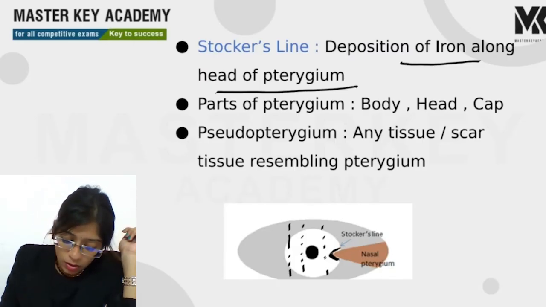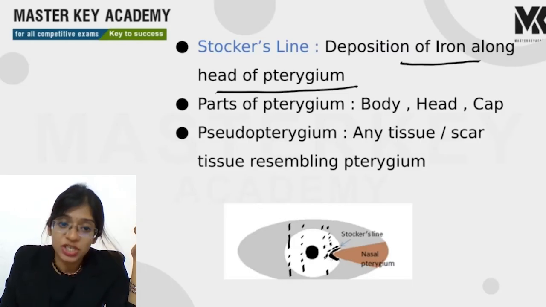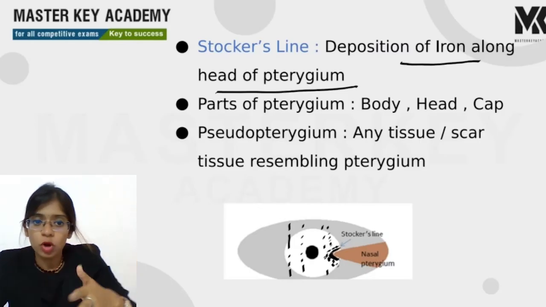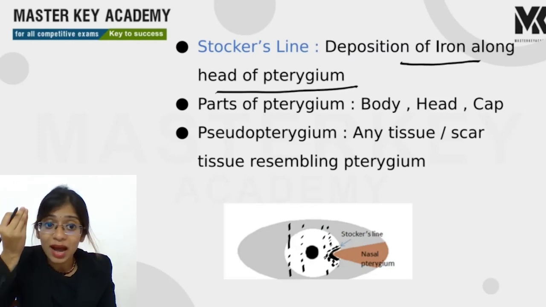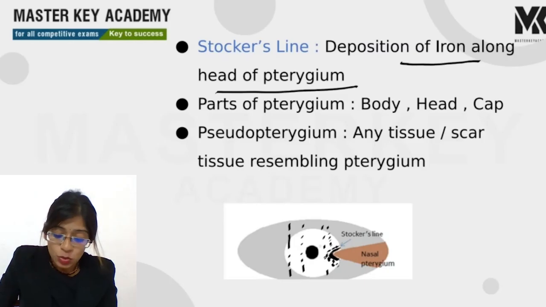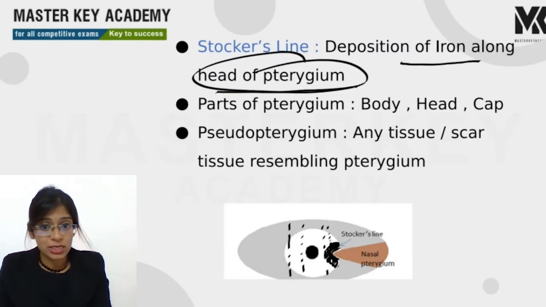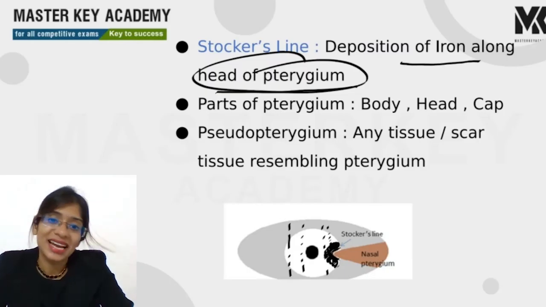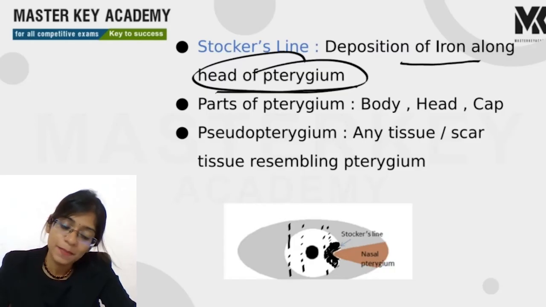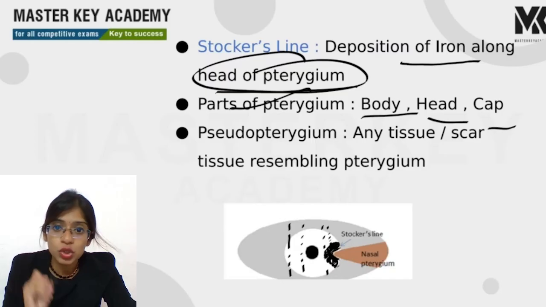So when the tears flow over time, the iron will get deposited because it cannot flow down, as something is obstructing it. Over time, it will get deposited over the head of the pterygium. This deposition looks like a brown line over the head of pterygium, and that is called Stalker's line. Easy? Okay. Now, parts of pterygium we learned: body, head, cap.